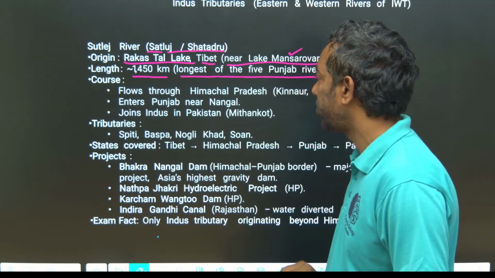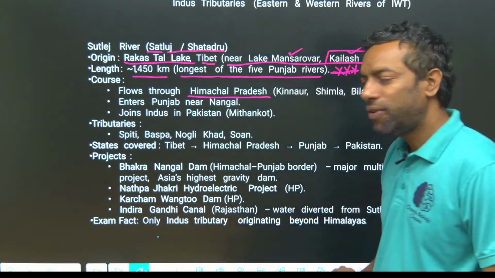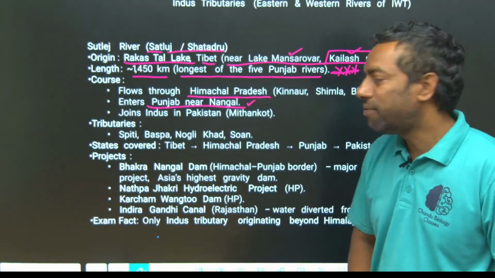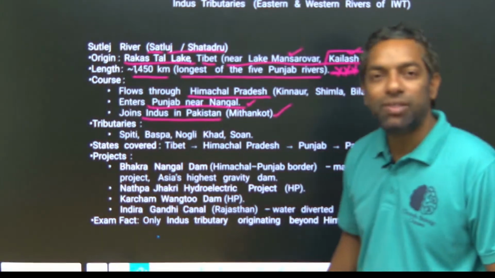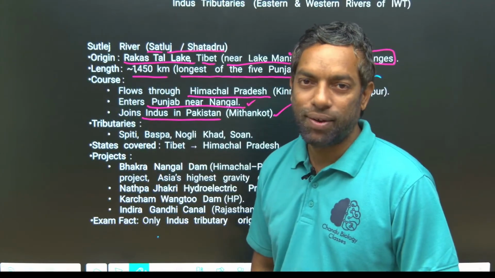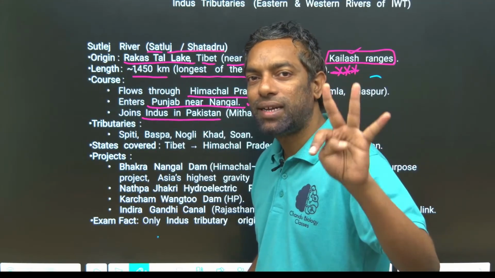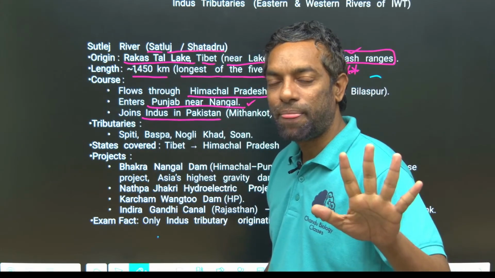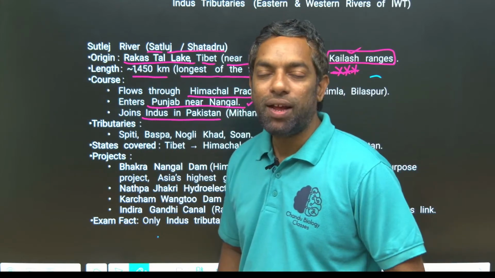The course of the river: it flows through Himachal Pradesh, enters Punjab, and then enters Pakistan, where it joins the Indus near Mithankot. The five rivers of Punjab are Indus, Satluj, Bias, Ravi and Jhelum.